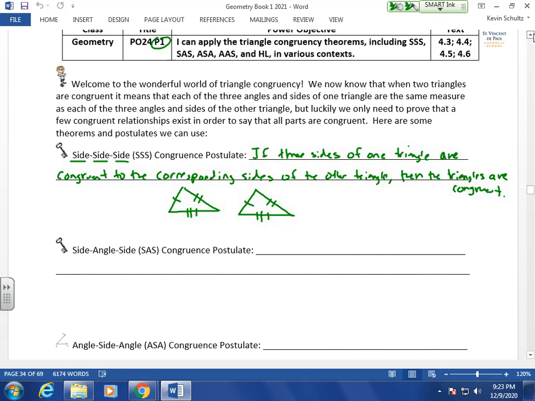The side angle side congruence postulate, or SAS, is another option we have to prove that 2 triangles are congruent.